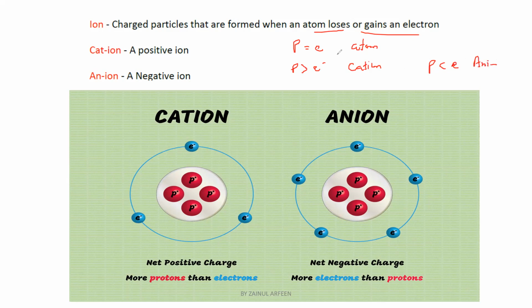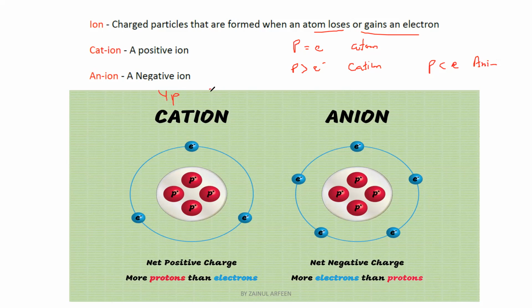So you can see in the first figure how many protons are there. Neutrons are not shown because they are neutral. How many protons are shown? So there are 4 protons in total. And how many electrons are there?